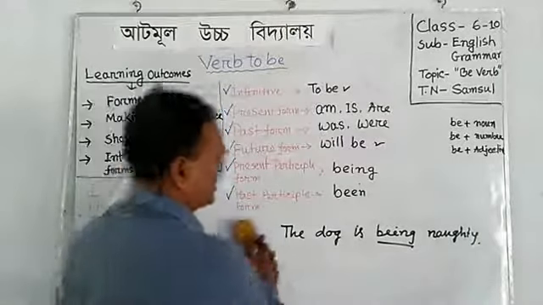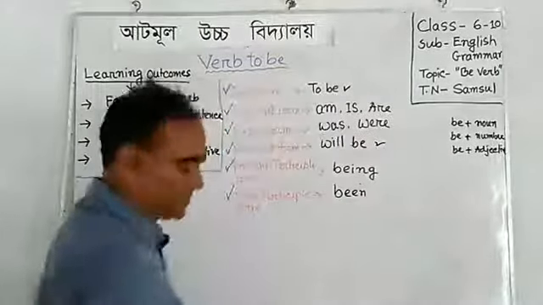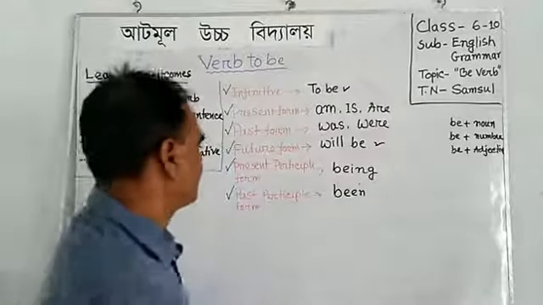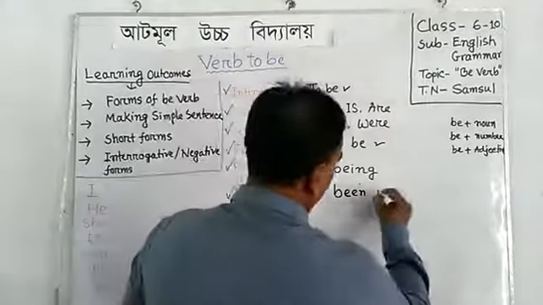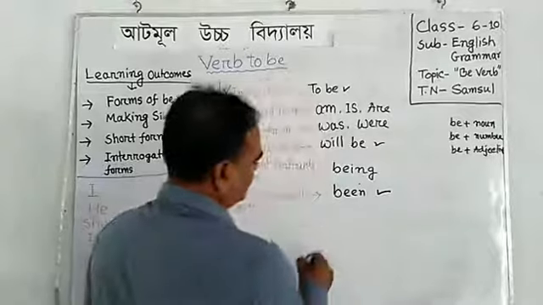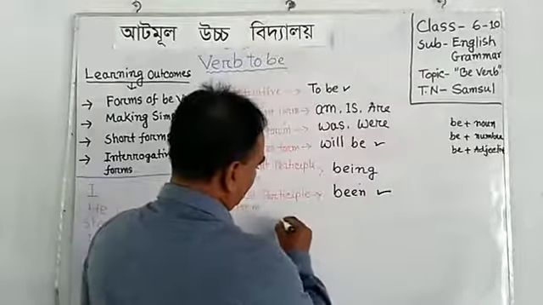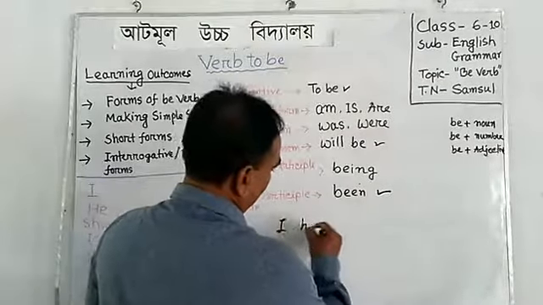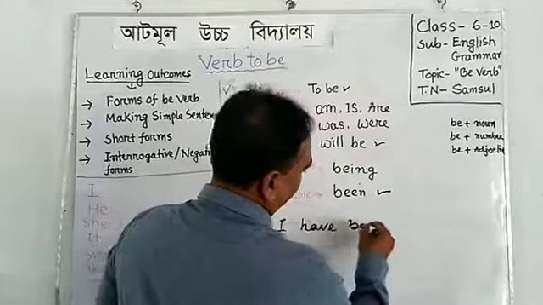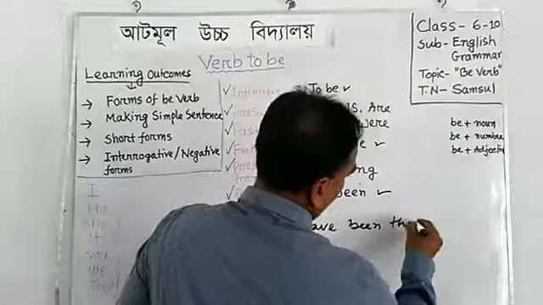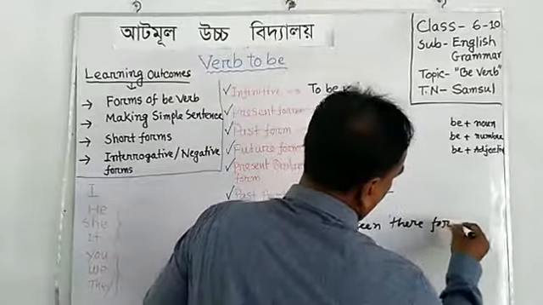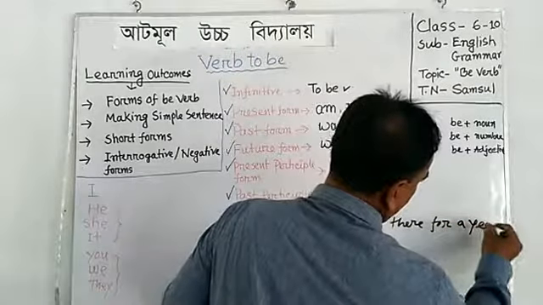and another form of be verb is past participle form, and past participle form is been. I have been there for a year.